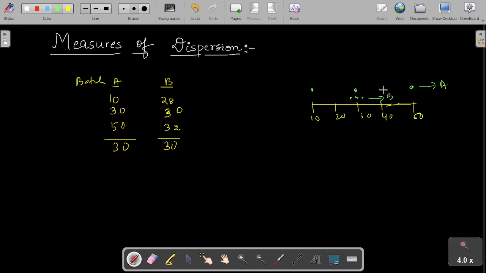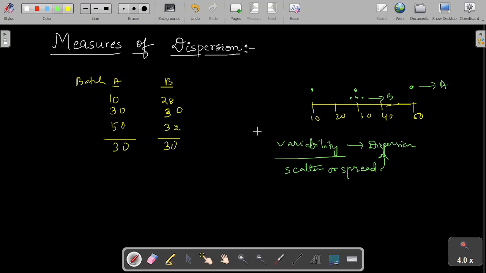So to know the spread or scatter among the data points with respect to the central value, or to know the variability, we need measures of dispersion. The variability in the data is called dispersion, variability, scatter or spread. That is called dispersion. So just a central value of the data is not enough to get a clear picture of the data or to draw any inferences about the data.